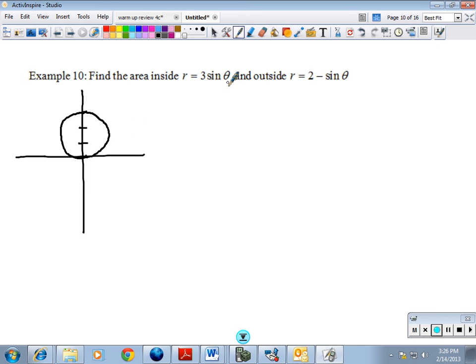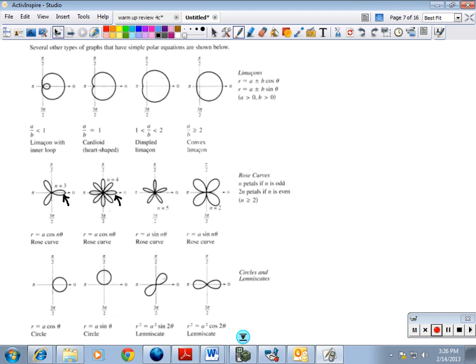And then 2 minus sine of theta is a, let's go back to my little chart, is a limaçon, where A is 2 and B is 1, so A is greater than B, so A divided by B is 2 over 1, and it doesn't have an inner loop.